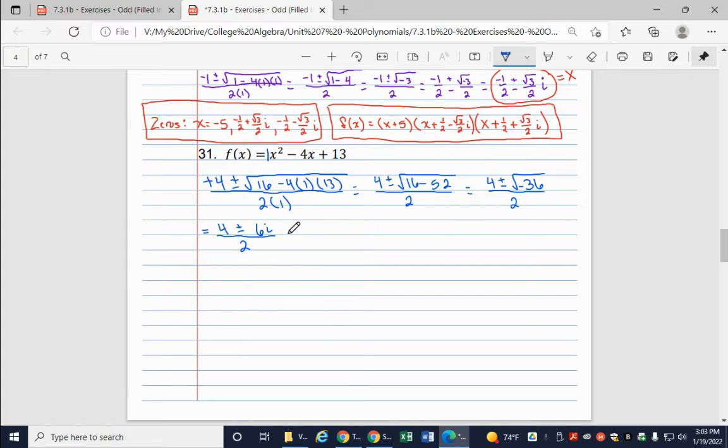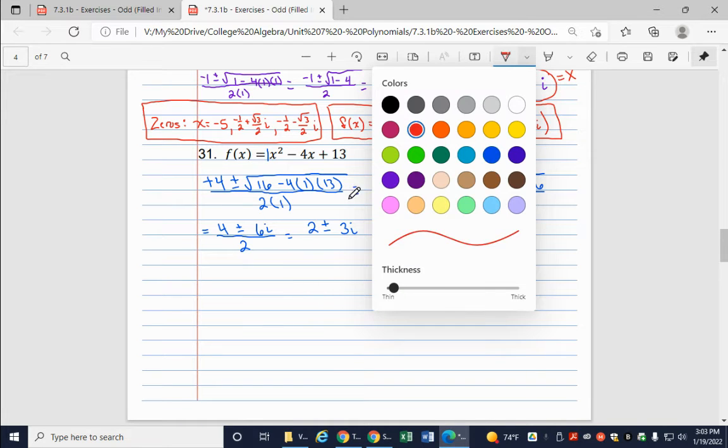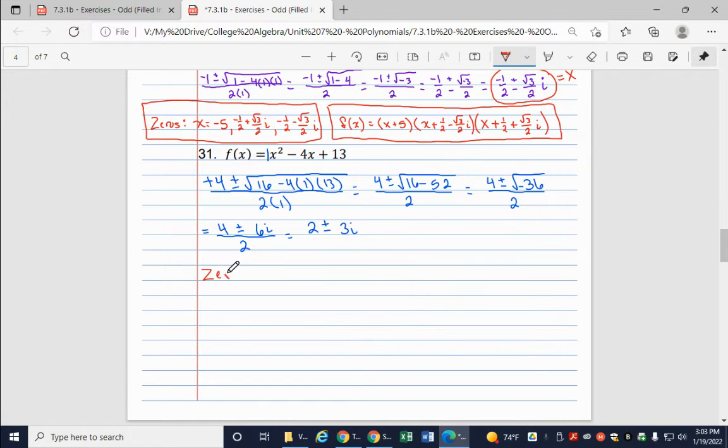All of this is over 2. 4 divided by 2 is 2 plus or minus 6i divided by 2 is 3i. So this is a squared function, which means it has 2 solutions. One solution, or zero, is x equals 2 plus 3i. And the other one is x equals 2 minus 3i.